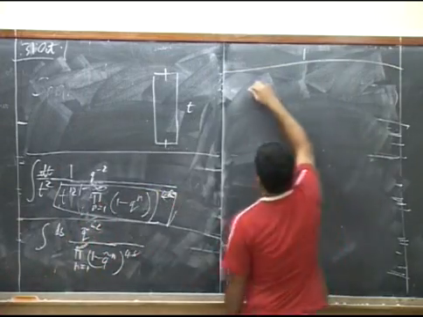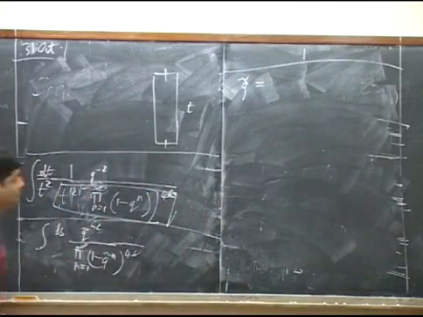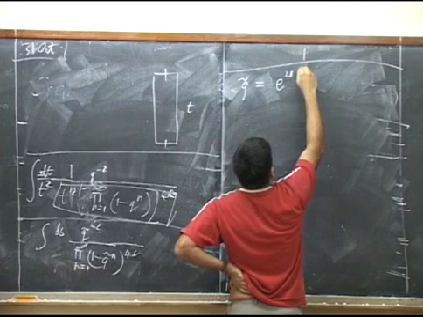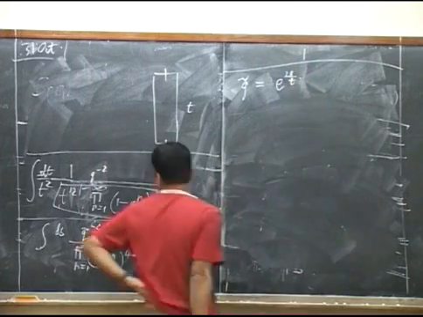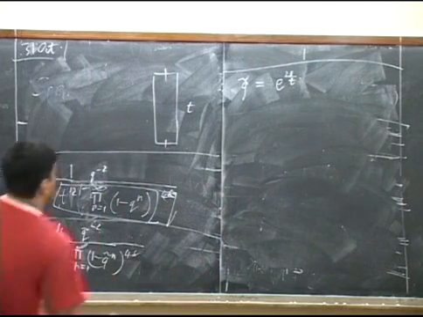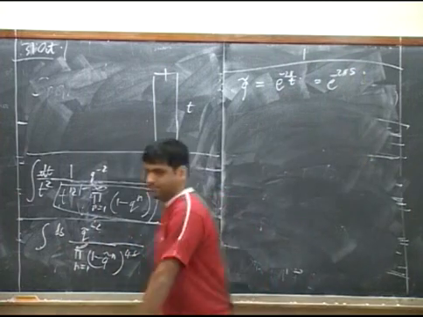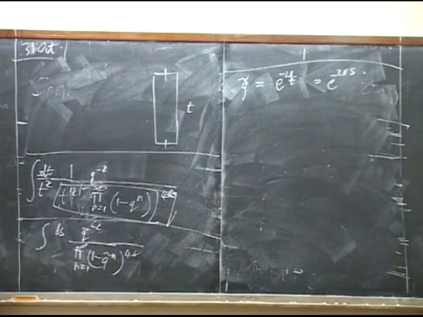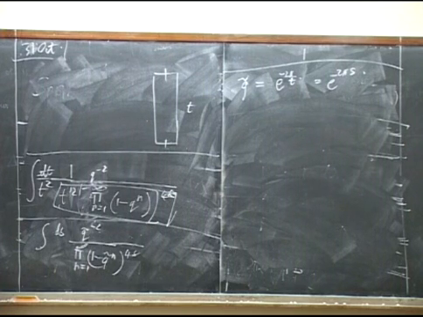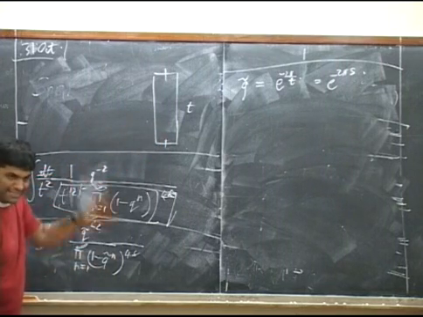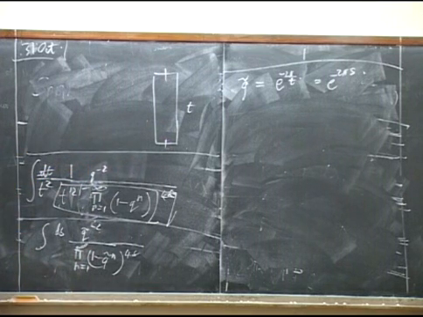Here q tilde was equal to e to the power minus 2 pi s, while the original q was e to the power minus 2 pi t.